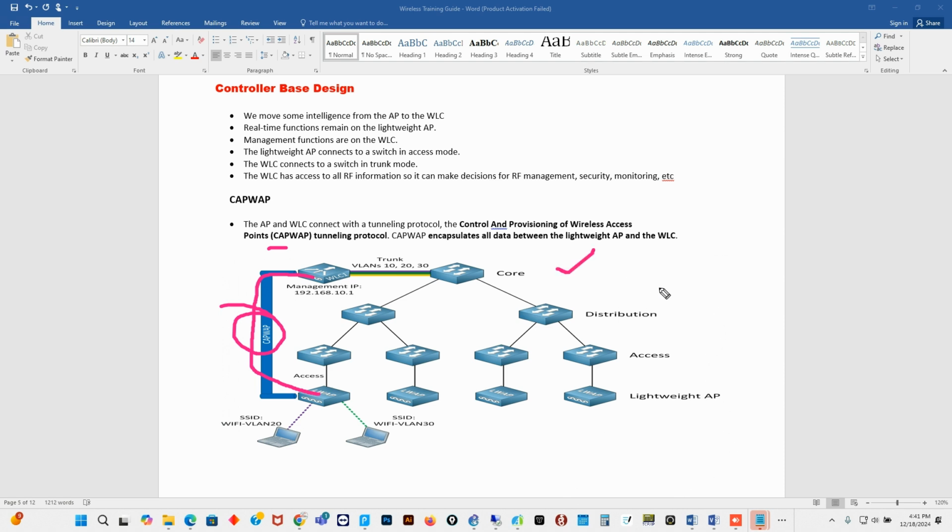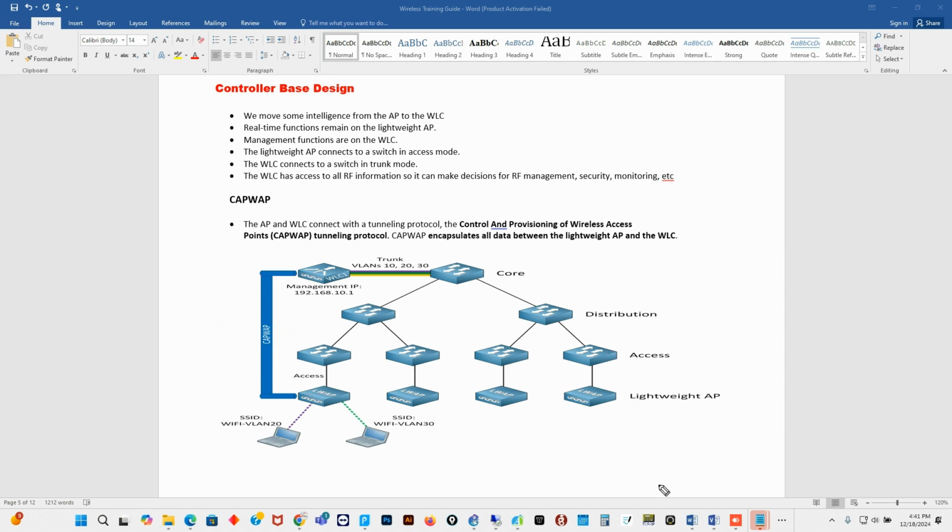So you have your core layer, distribution layer, your access layer where you connect users like printers, PCs, and then you also connect your APs as well. So you can have some of the switches, based on the IDF you are dealing with, having this configuration.